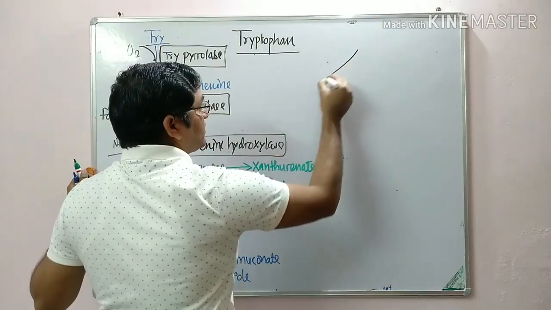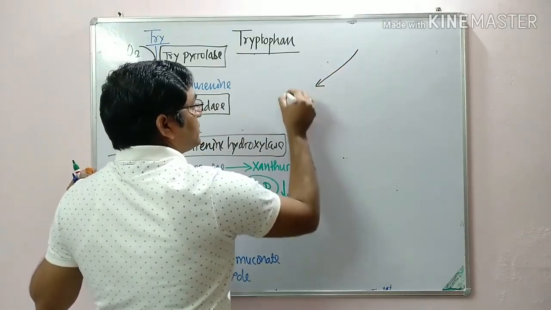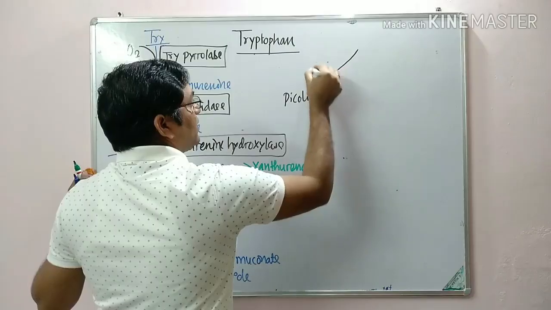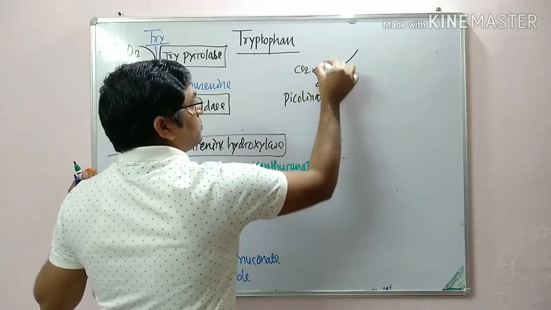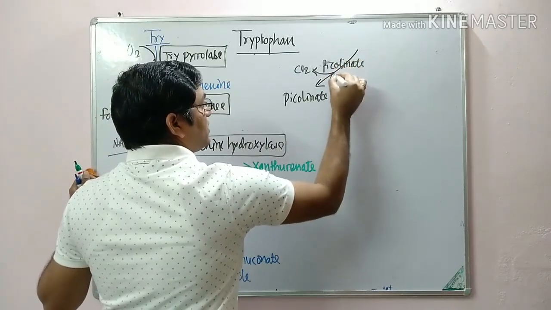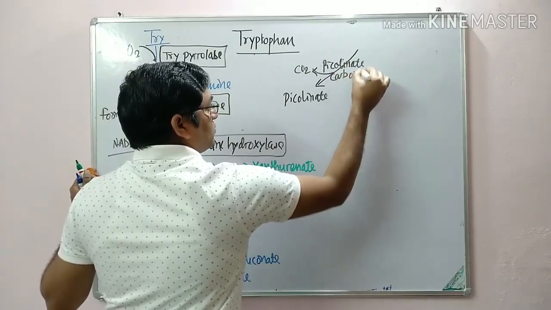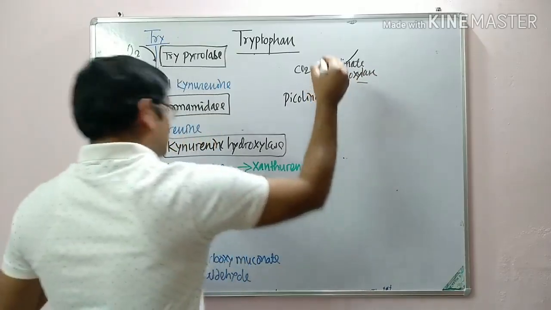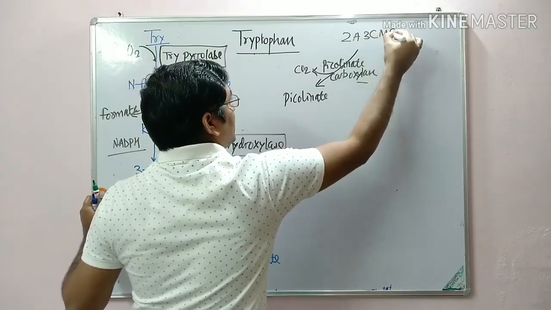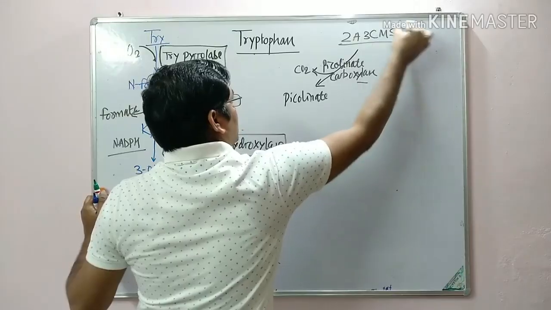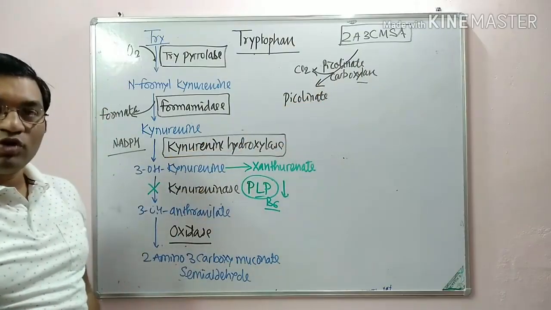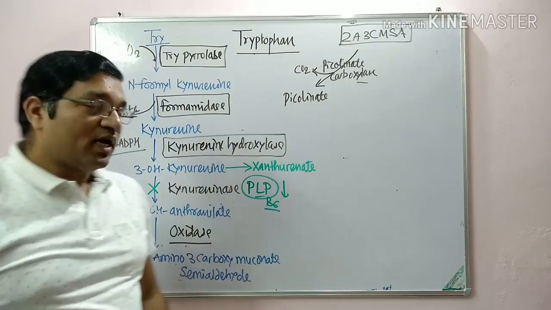In the first reaction, by the carboxylase, with the removal of CO2, it gives picolinate, by picolinate carboxylase. Okay. Now this compound, on the carboxylase reaction by the removal of CO2, will give picolinate.